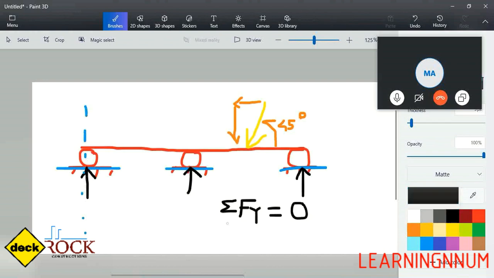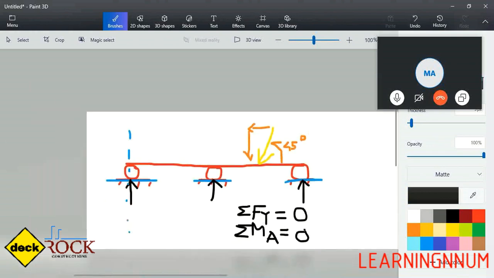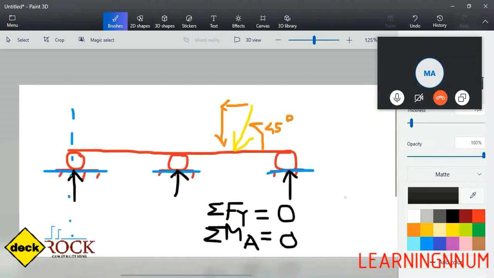Correct? But can I say that forces in horizontal would be 0? Can I say? No, sir. Why?